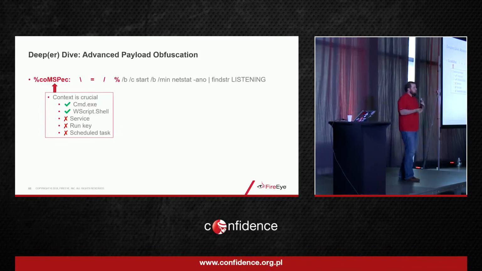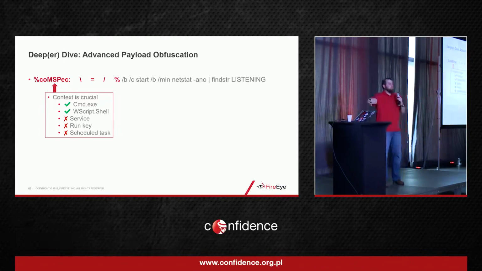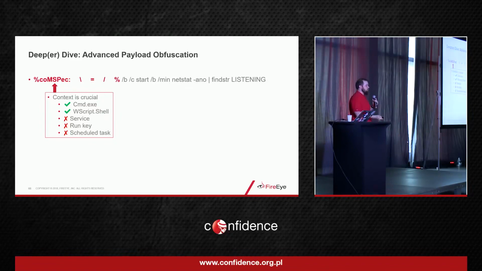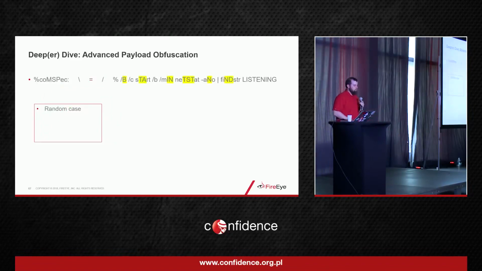The only reason %ComSpec% works is it's literally like a find and replace for command, and the operating system knows that, but it can't handle this. So in that case, you start with a legitimate command.exe without this crazy obfuscation, but then the rest is fair game. But if you're running it in command.exe or in a batch file or something like wscript.shell, it understands that context. So it's something important to check.